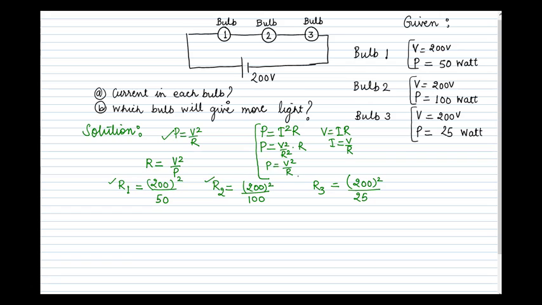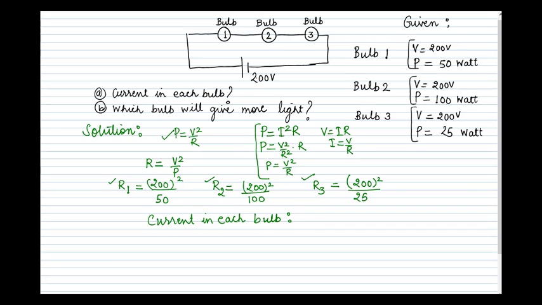Power is given, voltage is given, resistance we have written. Now we have to calculate the current in each bulb. Because we have the voltage, we have the resistance, so we can write down the current in each bulb. 2 things are known to us, third thing we can easily write down. So current in each bulb comes out to be I is equal to V upon R. So what is the voltage? Voltage is 200 volt.